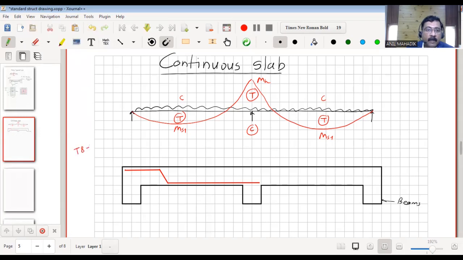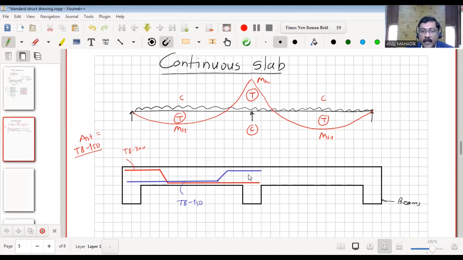Let's say we require T8 at 150, for example, AST required for the moment. So it will be T8 at 300. Okay. And then we will provide more in this direction. Then this way, and it will go like this. This will also be T8 at 300. So the total AST at this zone will be T8 at 150 as per AST requirement.